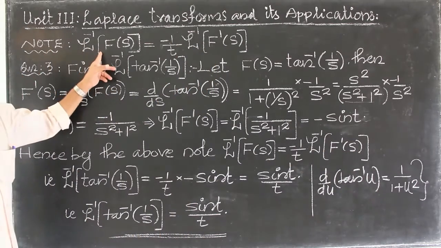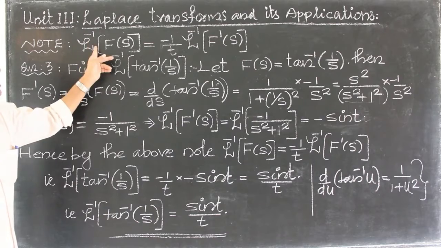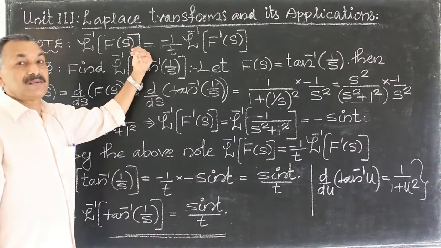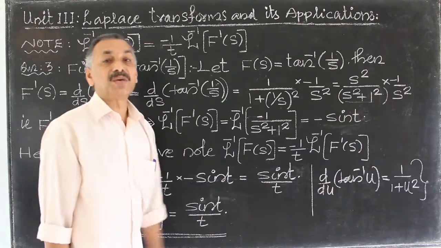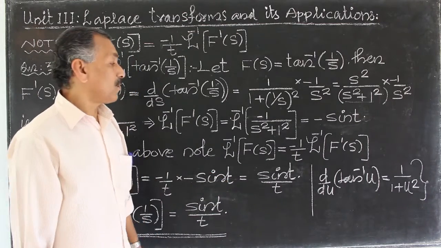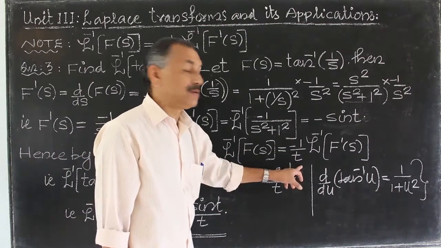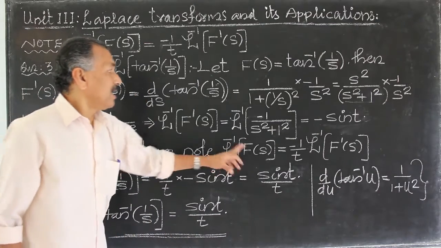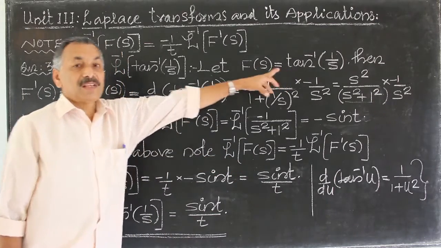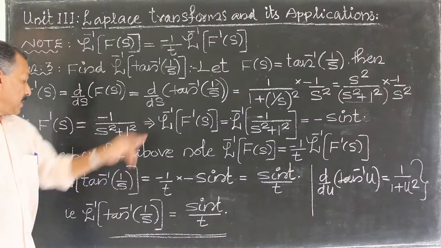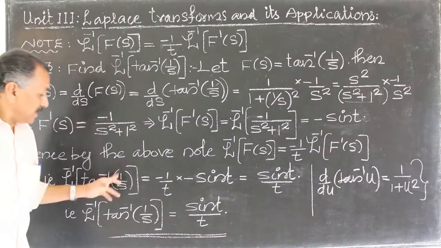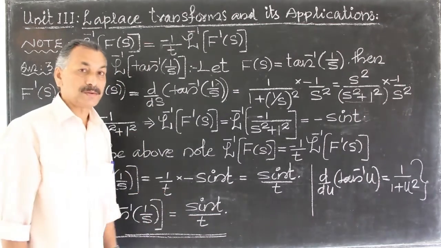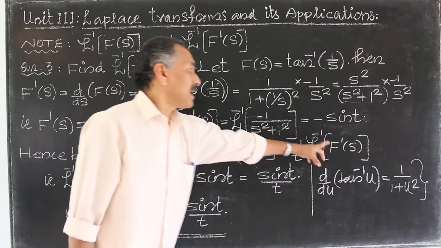Then what is L inverse of f of s? By the above note, which is a very important section, L inverse of f of s is equal to minus 1 by t into L inverse of f dash s. Here f of s is tan inverse 1 by s, the given problem.